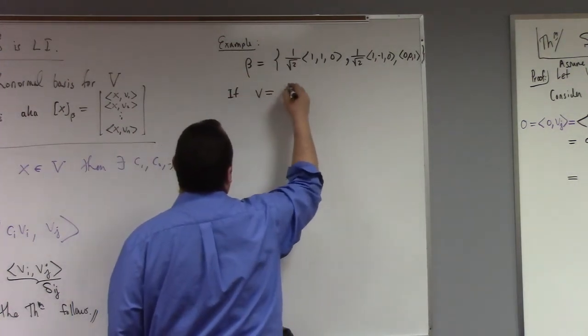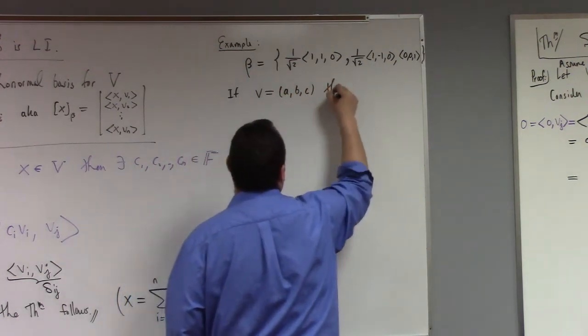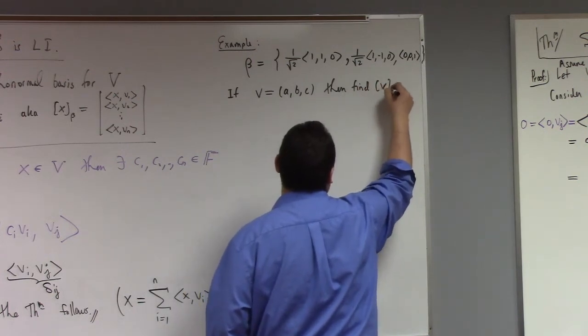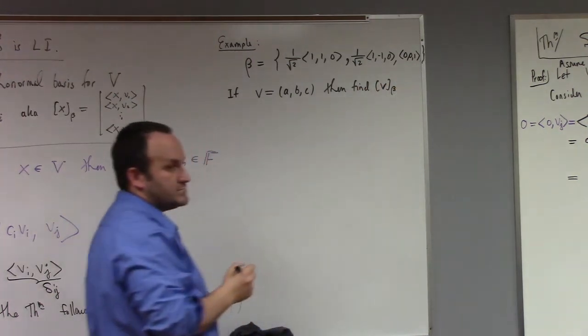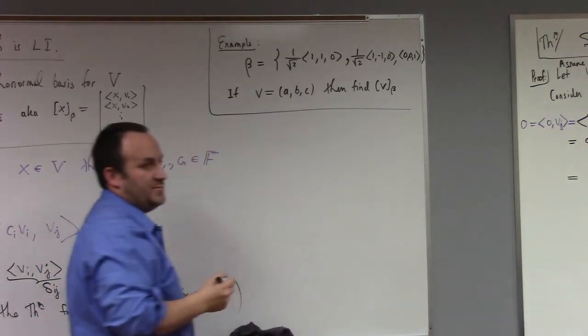If v is equal to (a, b, c), then find the coordinate vector of v with respect to the beta basis. So with the theorem I just proved, this is a piece of cake, right?